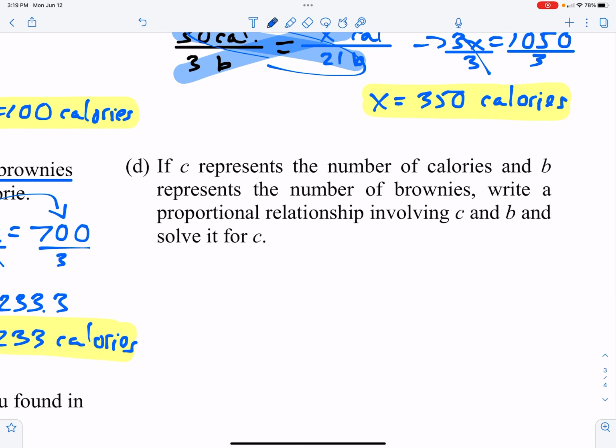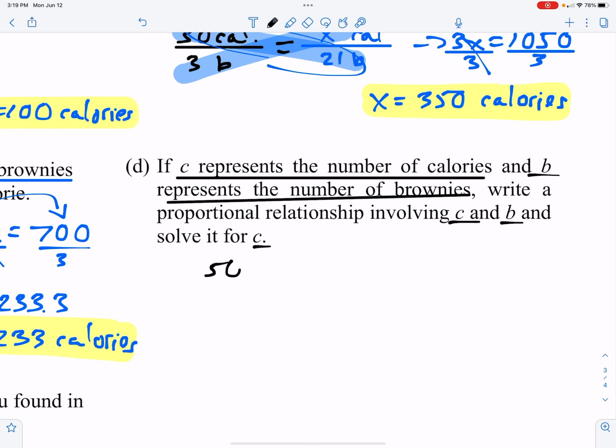Part D. If C represents the number of calories and B represents the number of brownies, write a proportional relationship involving C and B and solve it for C. So we have 50 calories for 3 brownies.